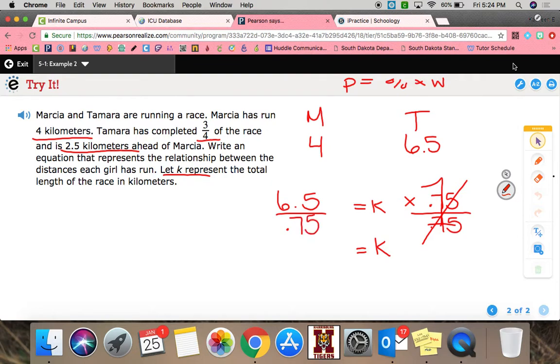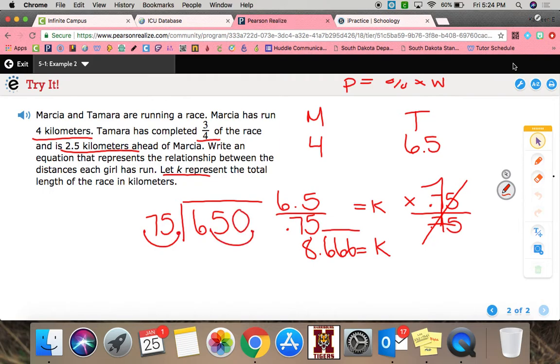0.75 is going to be 8.666 repeating. Okay, how did I do that? Well, how many 0.75s go into 6.5? Remember, we have to make these whole, so we have to move this 2 spots, or 650 and 75.